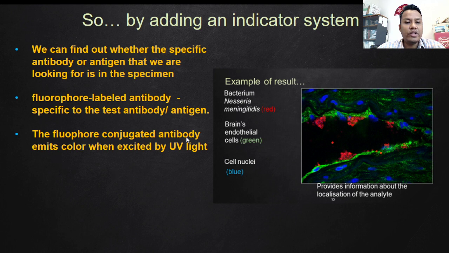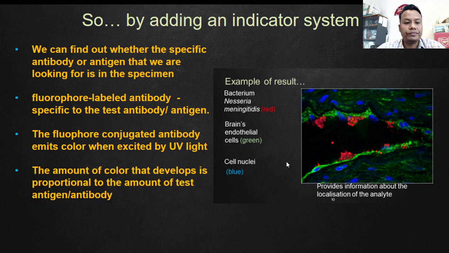The fluorophore conjugated antibody emits color when excited by UV light. So the color that is being observed here is because of UV light excitation of fluorophore. The amount of color that develops is proportional to the amount of test antigen or antibody. So that means we can count the amount of antigen.